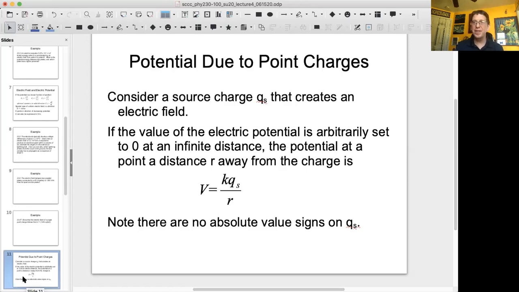If it's negative, the potential decreases as you approach it. So there are no absolute value signs on QS. And much like with potential energy, usually you're more interested in the change in potential than its value at a specific location. But sometimes you want the value at a specific location, and that's where this equation comes in.